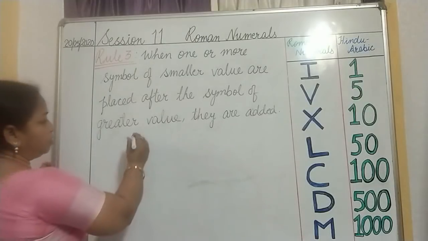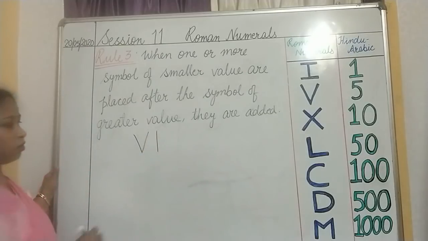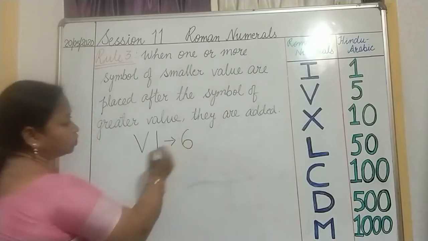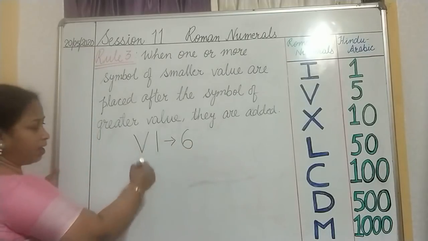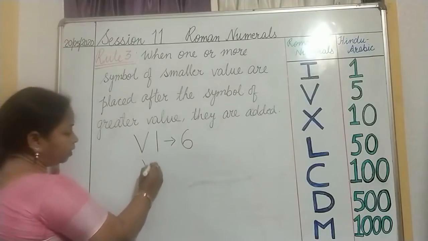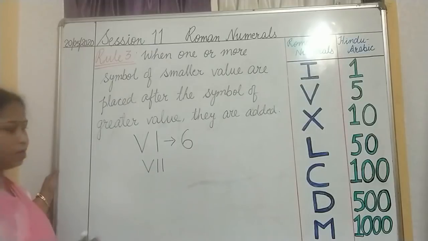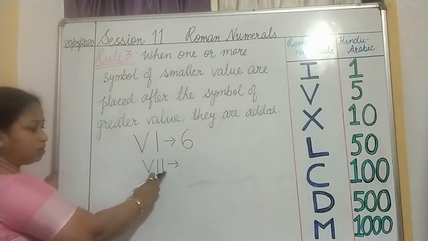So as it is said, smaller values are placed after the symbol of greater value. What will happen if I write V and then write I? What number will it change to? It will change to 6, right? So we can have 6 like this. If I add 2 I's to this V, what will be the value? V stands for 5, this is 6, this is 7.